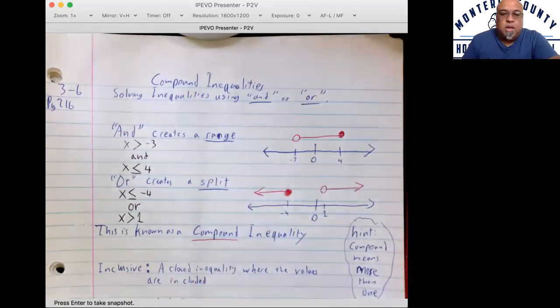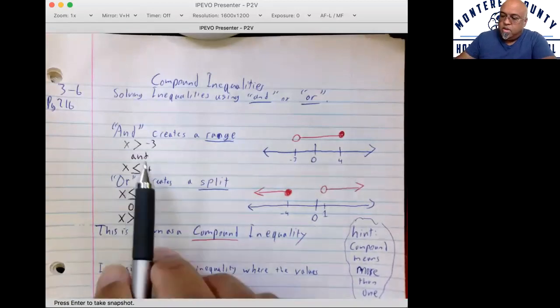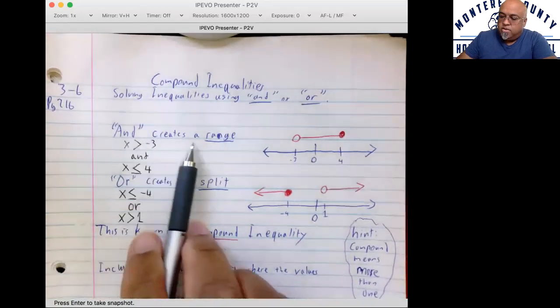Okay. Now, what do I mean by a compound inequality? A compound inequality is an inequality that basically uses two inequality symbols. Let me give you the example here. And it creates a range.